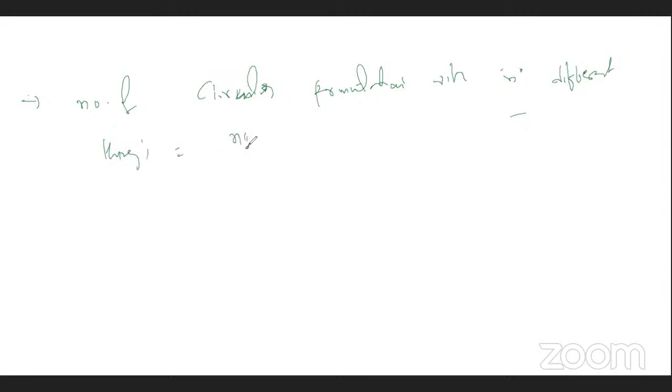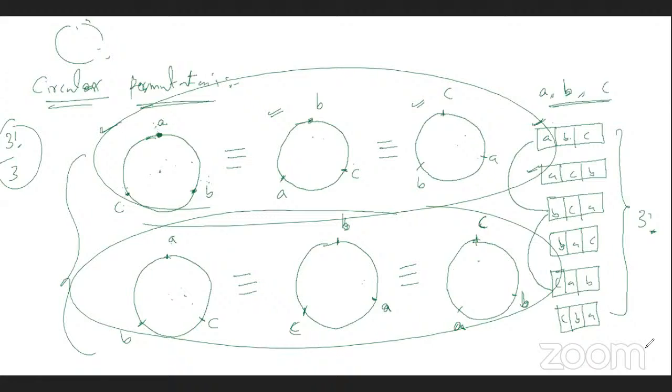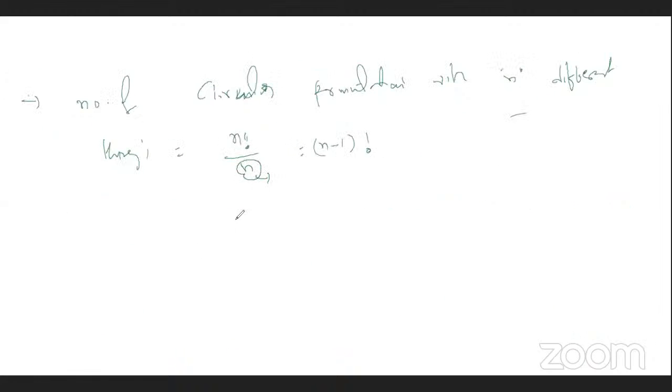Number of circular permutations with n different things is n factorial by n, that is (n minus 1) factorial. Note down this example. Why this n? Because that many duplicatives, duplicate sequences or duplications.